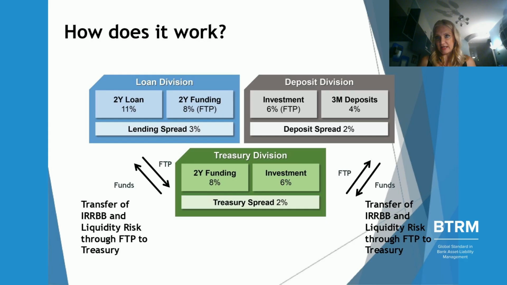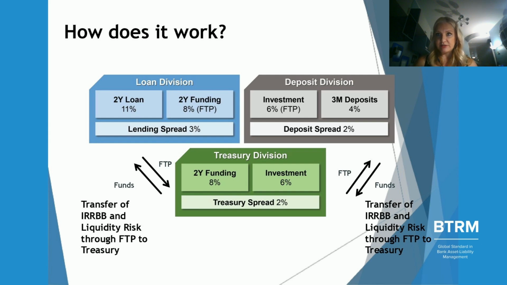So it's not the same, but it is liquidity value, which we have provided to the central unit. As such, they are remunerated for this liquidity value. And how? Through FTP rate. So the asset center is charged FTP rate, and the liability center is getting remunerated the FTP rate.